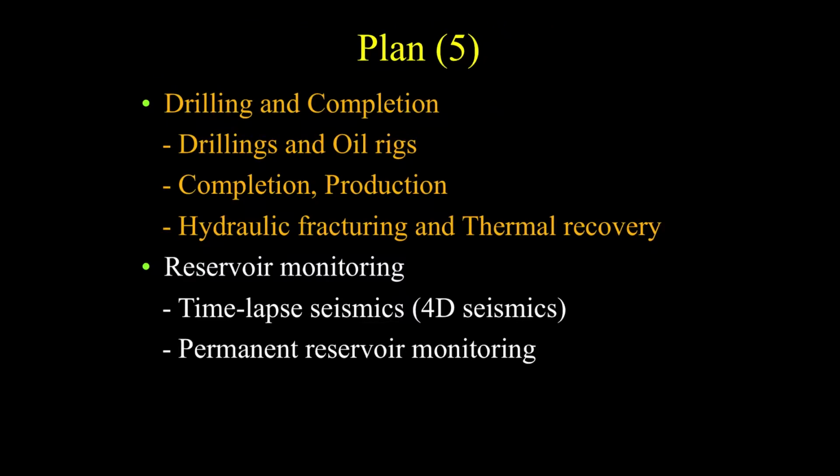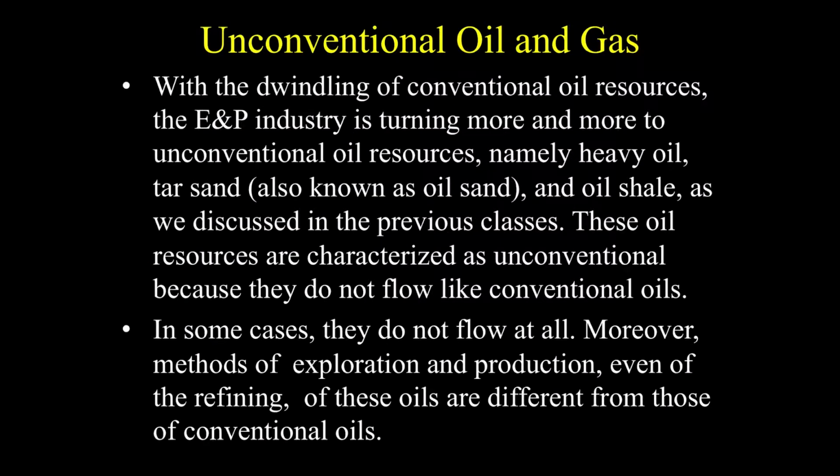Let us now turn to the methods for producing unconventional oil and gas. With the dwindling of conventional oil resources, the exploration and production industry is turning more and more to unconventional oil resources, namely heavy oil, tar sand, also known as oil sand, and oil shale, as we discussed in the previous classes.